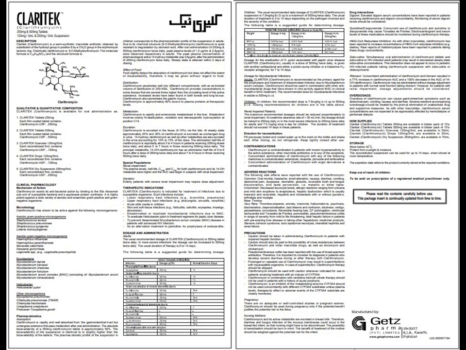Zidovudine. Simultaneous oral administration of clarithromycin tablets and zidovudine to HIV-infected adult patients may result in decreased steady-state zidovudine concentrations. This interaction does not appear to occur in pediatric HIV-infected patients taking clarithromycin suspension with zidovudine or dideoxyinosine. Ritonavir.